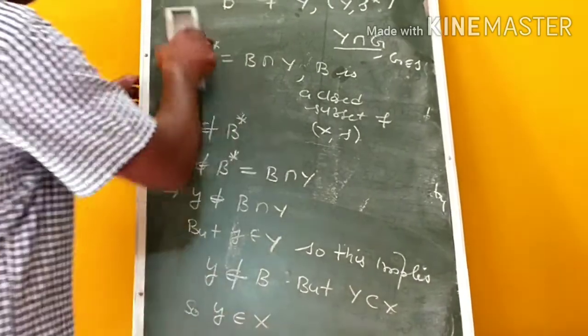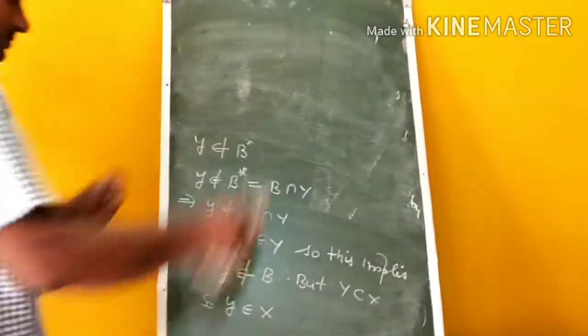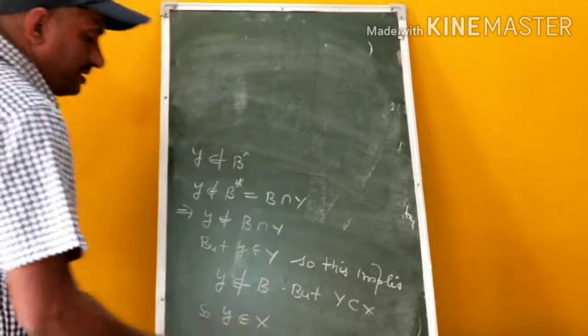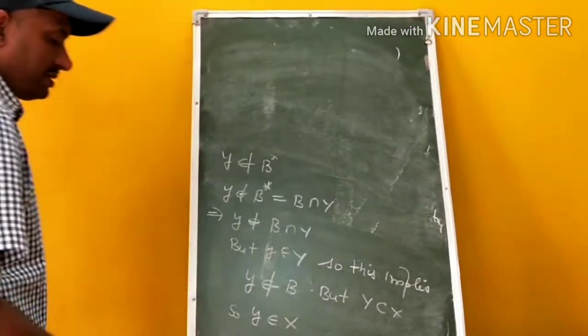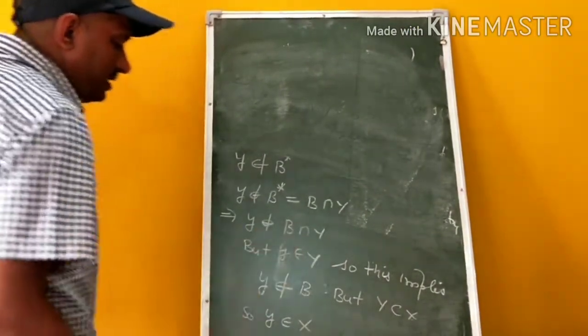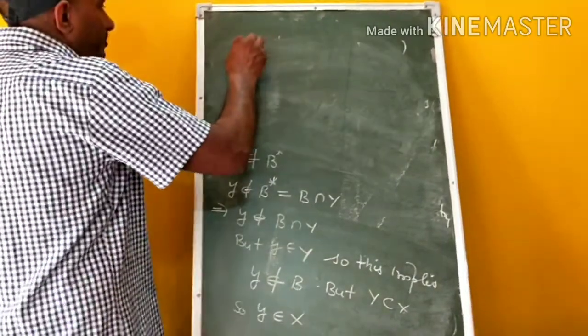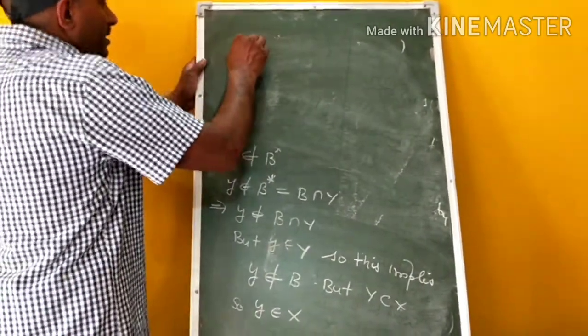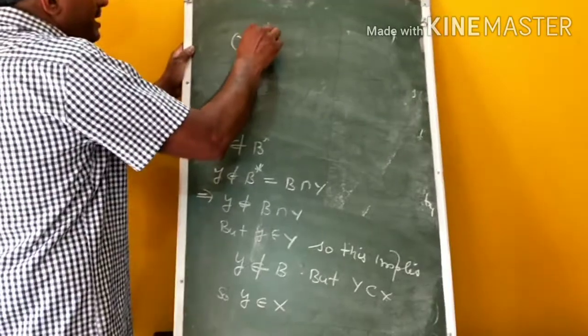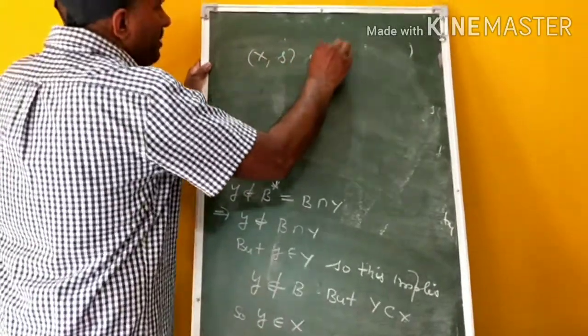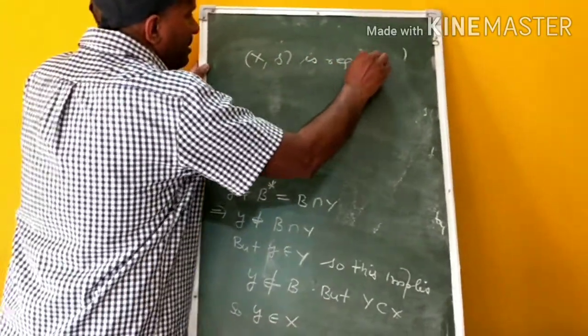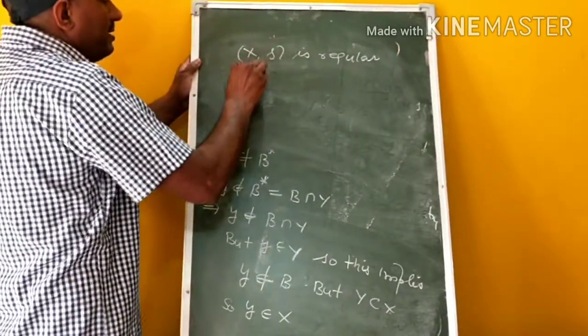Now we observe that y is an element of X, B is a closed subset of X, and y does not belong to B. It is given that (X, T) is a regular space.